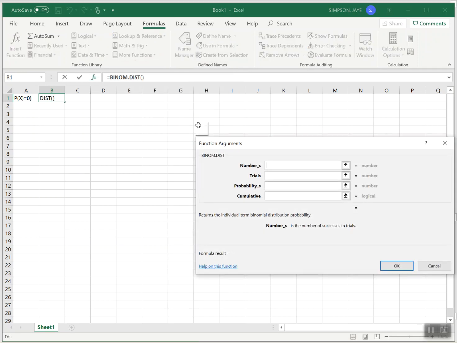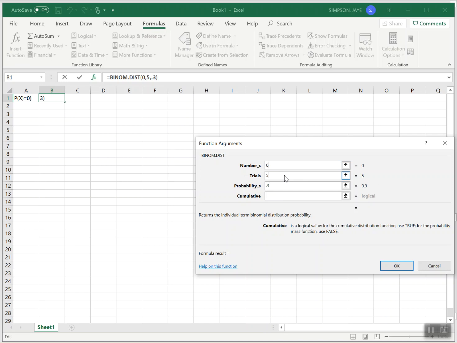And so number is looking at what is my probability. I want the probability that x is equal to 0, so I'm going to enter that as a 0. The number of trials, again, is my sample size, so in this case that is 5. The probability of a success, remember, is 0.3.